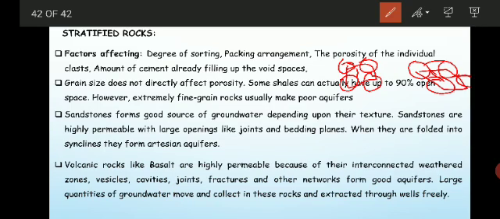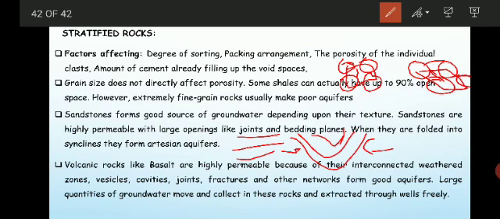Okay, so when they are folded into a syncline, they form an artesian aquifer. It means the rocks are layered, and when they get folded like this in the syncline fold, I hope you remember this folding of the rocks.